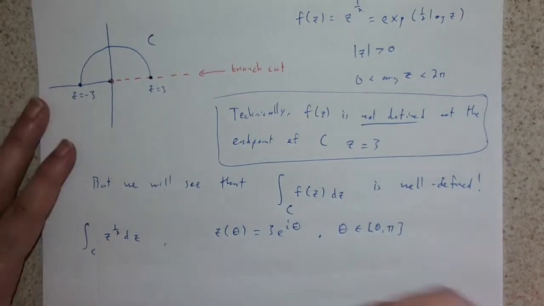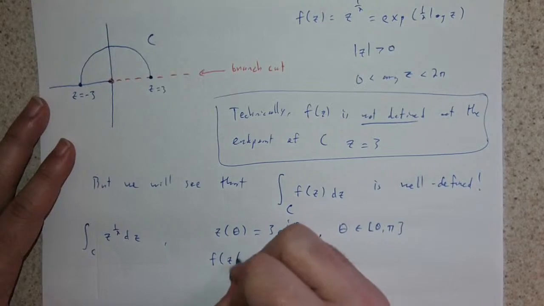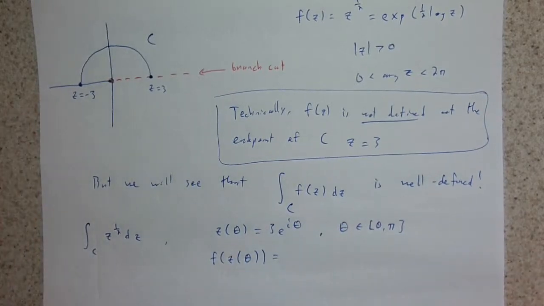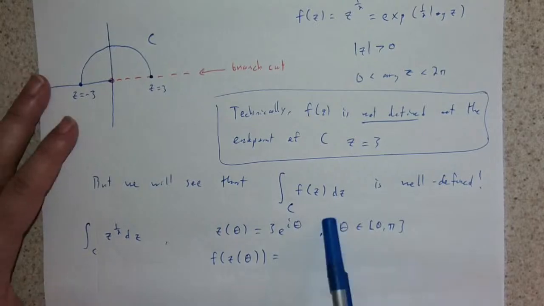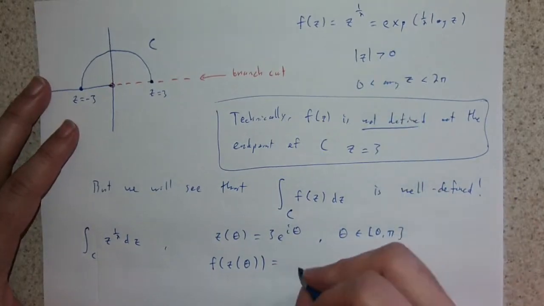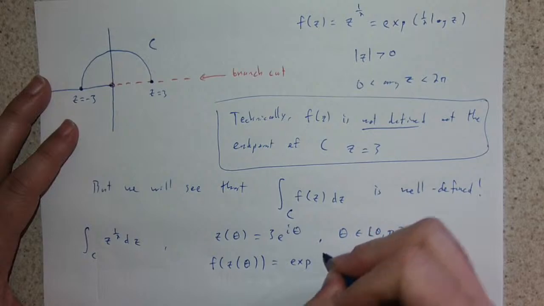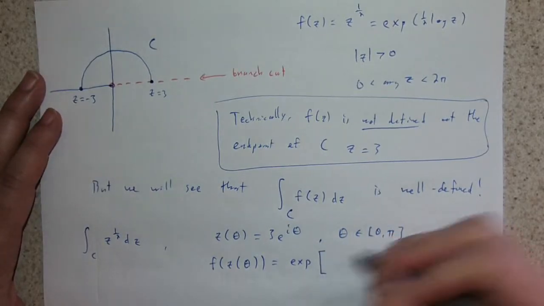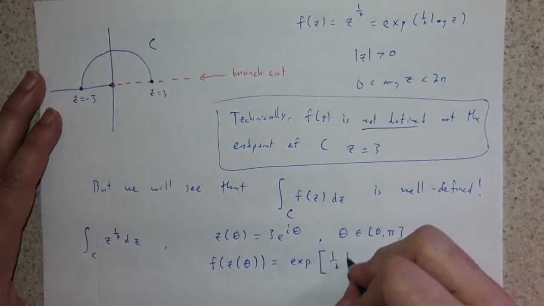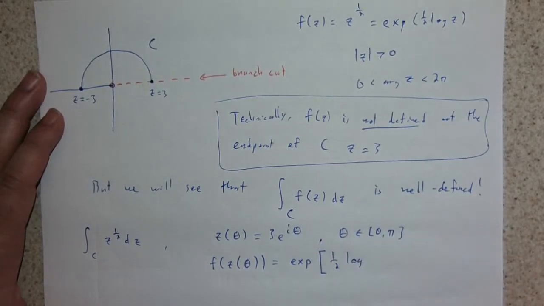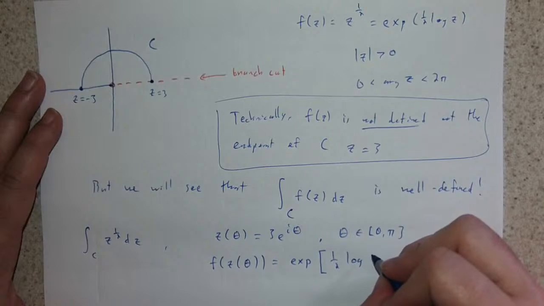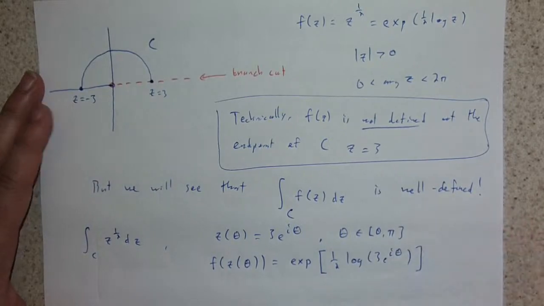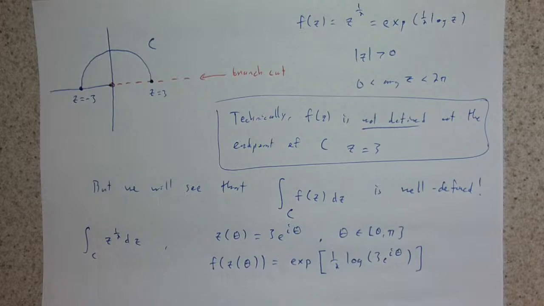Okay. What is f of z of theta here? Well, this is e to the 1/2 log of 3e to the i theta here. Right, but what is that?